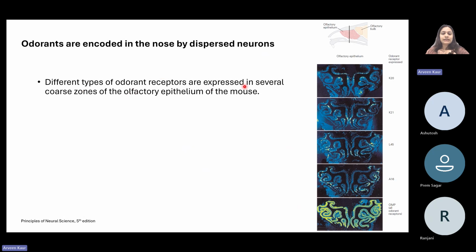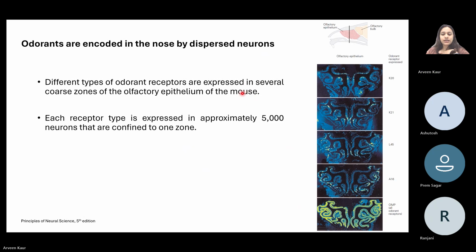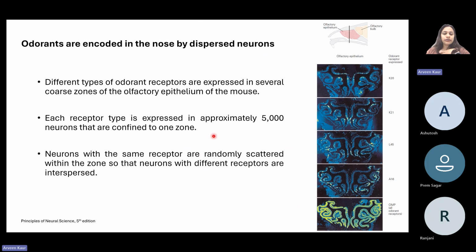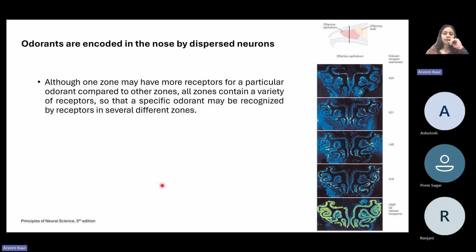So odorants are encoded in the nose by dispersed neurons. Different types of odorant receptors are expressed in several zones of the olfactory epithelium of the mouse. Each receptor is expressed in approximately 5,000 neurons that are confined to one zone. Neurons with the same receptor are randomly scattered within the zone so that neurons with different receptors are interspersed.